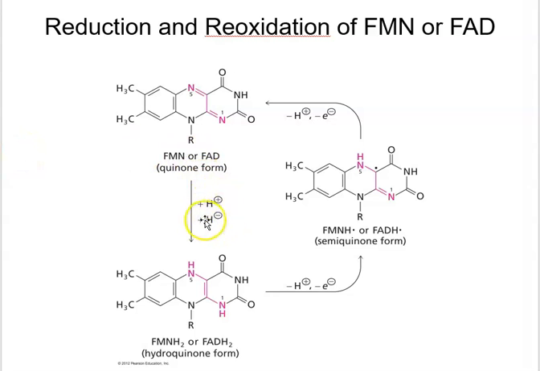That's what we're showing you here, the proton and the 2 electrons. And these things are found in the electron transport chain. They can donate a single or double electrons. So unlike the NADH, which only does 2 at a time, this can do 1 or 2. It depends on what kind of chemical reaction is happening and the different types of oxidoreductase reactions that are occurring at the time.